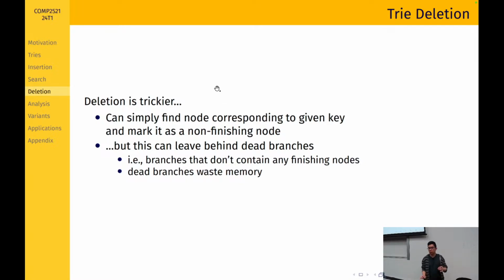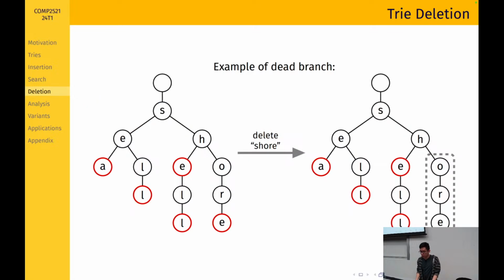What we could do is just find the node corresponding to the key and then unmark it, so we just don't mark it as a finishing node anymore. But this can leave behind dead branches, which wastes memory. Here's an example of that. If we have this trie and then we delete the word shore.